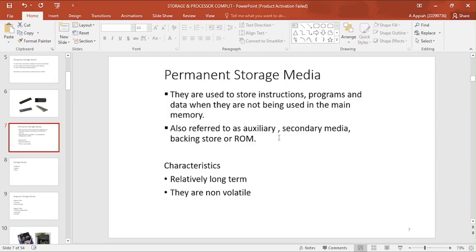So whereas the RAM will store data or instructions that are being used, permanent will store instructions or programs or data that are not being used by the main memory. Permanent storage media can also be referred to as the auxiliary media or secondary media, backing store, or they're commonly referred to as ROM.